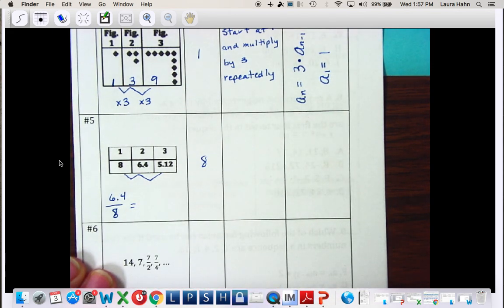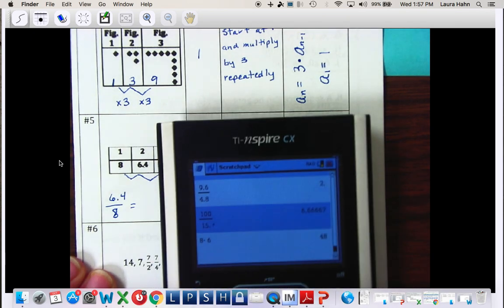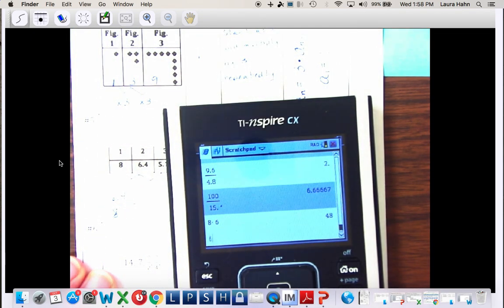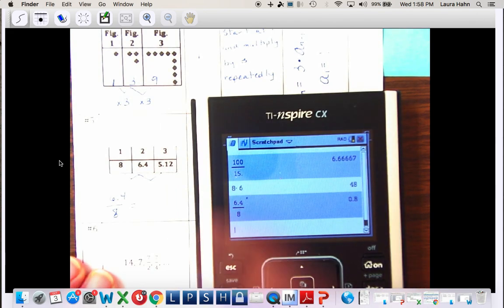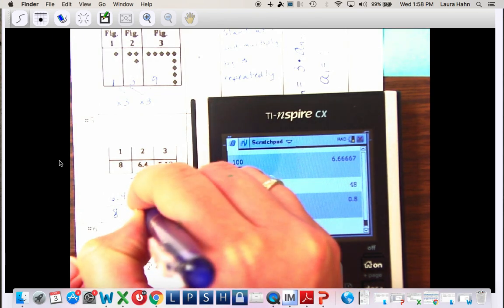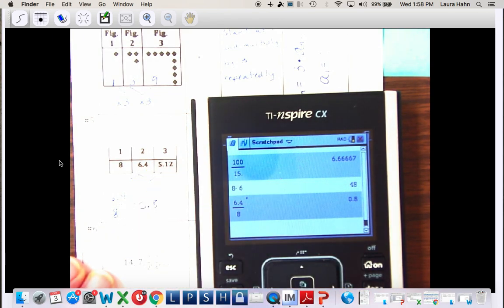So I'm going to get my calculator. We said 6.4 divided by 8. Okay, I got 0.8. But I don't want to just trust it.